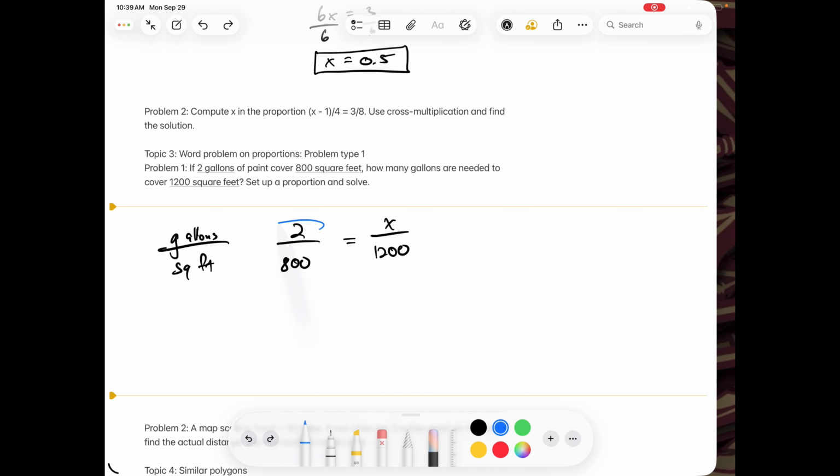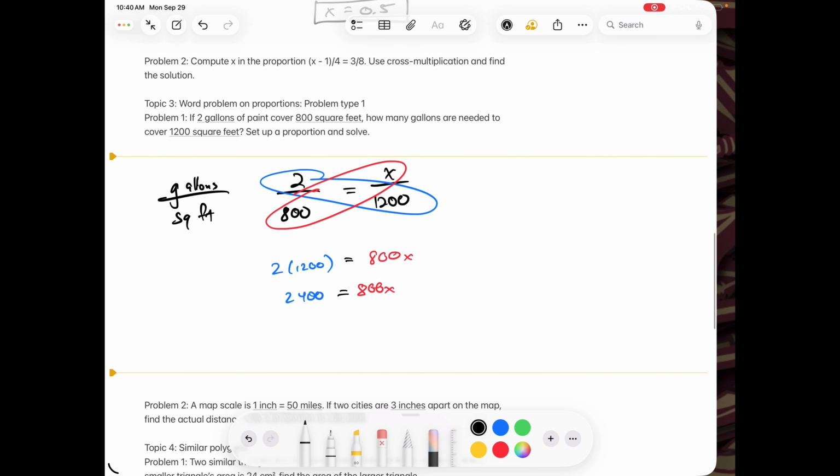Okay, so now cross multiply. 2 times 1,200 would be 2,400. And then 800 times x. And then we just divide by 800. So it's 3 gallons would cover 1,200. And always take 2 seconds.